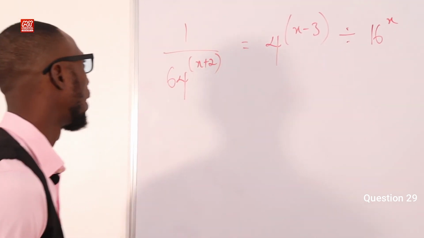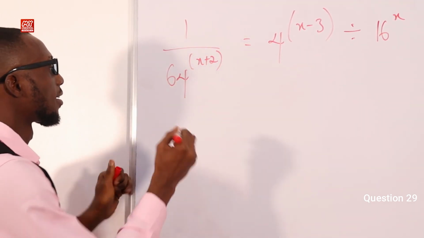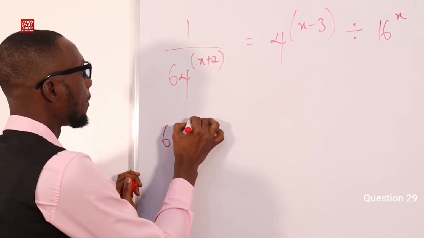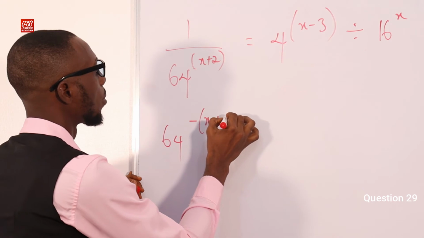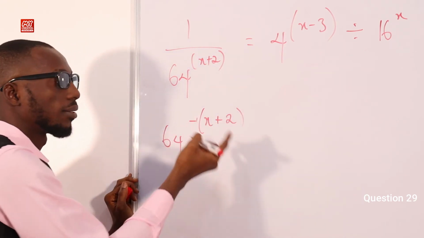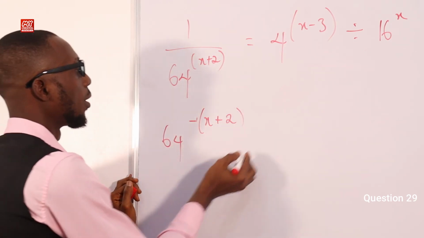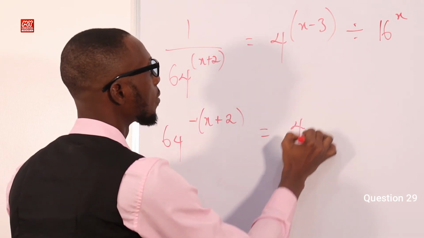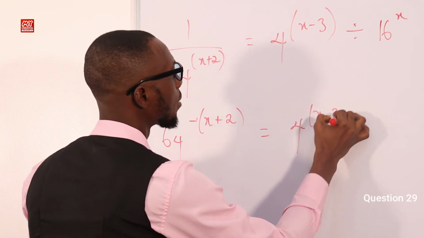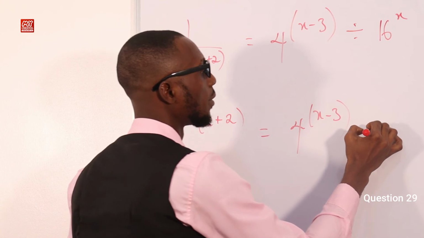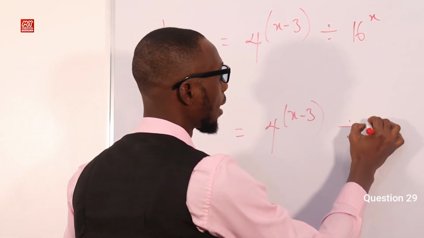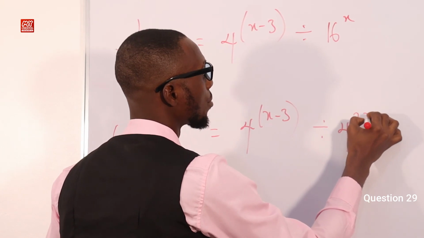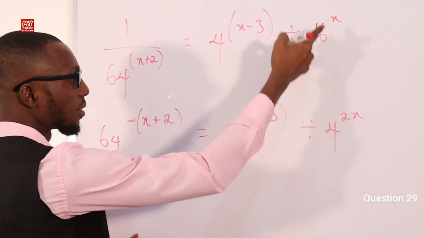All right, so this means 64 raised to the power minus 1 into brackets x plus 2, then we have 4 raised to the power x minus 3, then divided by 16, which I can say is 4 raised to the power 2x. 4 raised to the power 2 is 16.